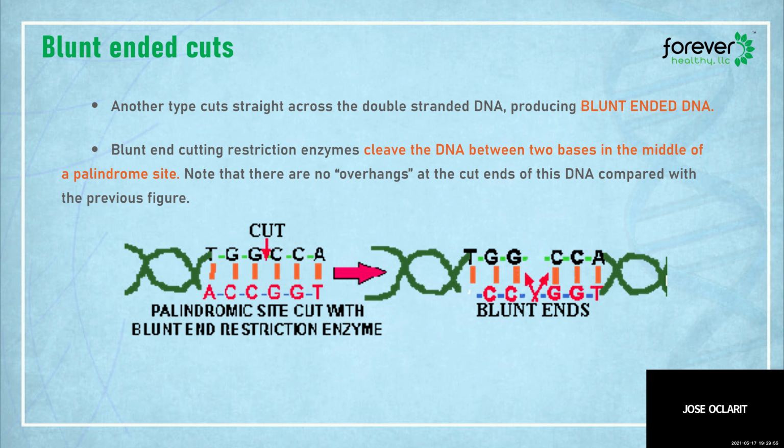The palindrome TGGCCA is cut between G and C of one strand and G and C on the other strand. So the resulting cut DNA is known as blunt-ended cuts.